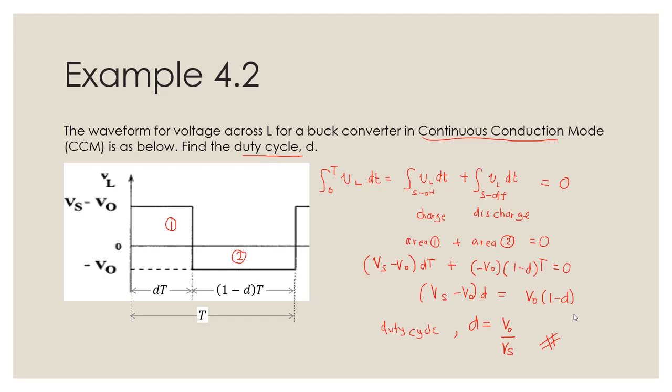So the conclusion, again, is that we can control the ratio between output voltage and input voltage by controlling the duty cycle.